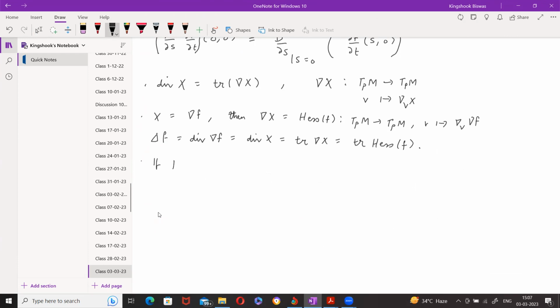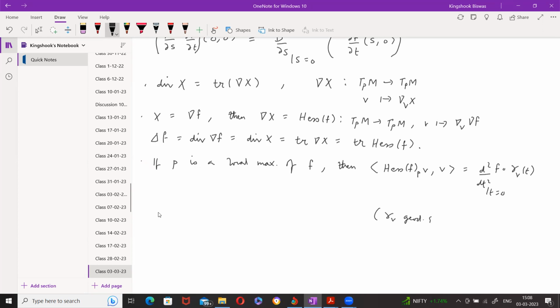If p is a local maximum of f, then we saw that the inner product of Hessian f at p applied to v with v, we could write as a second derivative, d squared dt squared at t equal to 0 of f composed with gamma_v of t, where gamma_v is a geodesic such that gamma_v of 0 equals p and gamma_v prime of 0 equals v in TpM.